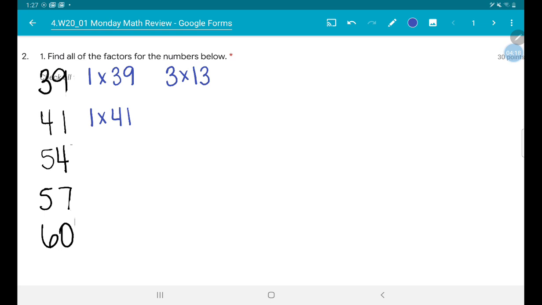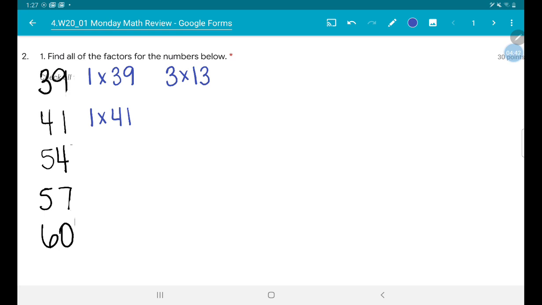No. All right, 4? No. 4 times 10 is 40, so 4 times 11 would be 44. That won't work. Okay. 5. No, it doesn't end in a 0 or 5. 6. No. We said a while ago 6 times 7 was 42, so neither 6 nor 7 will be factors. 8.